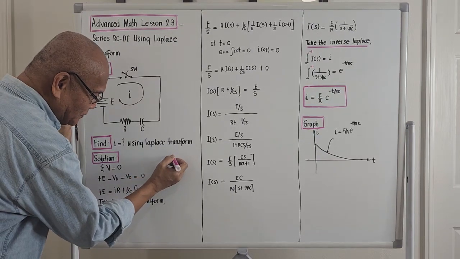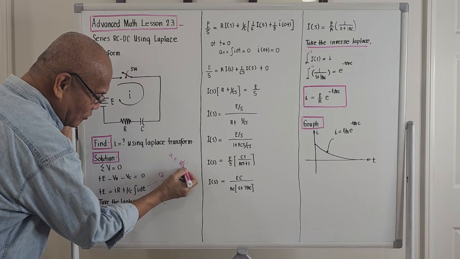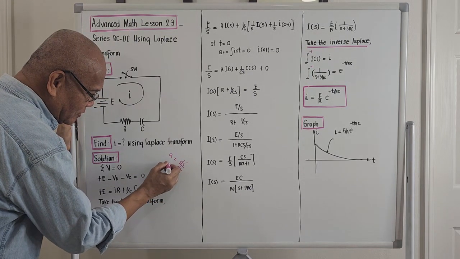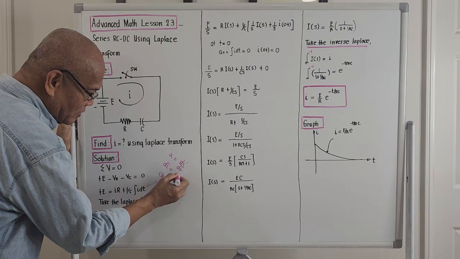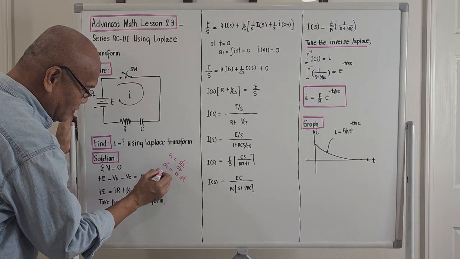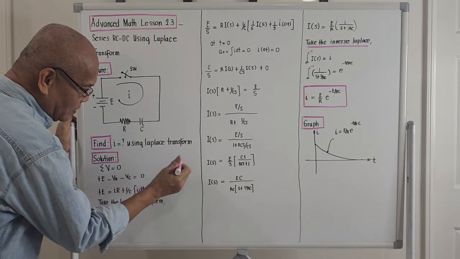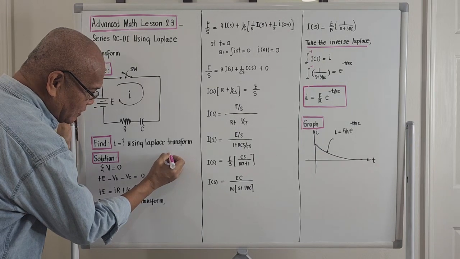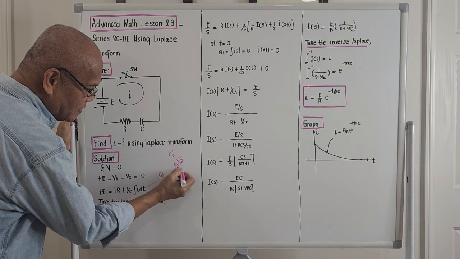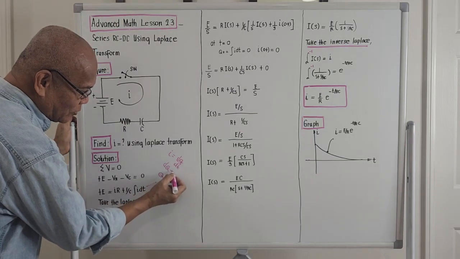Current is actually dq over dt. So for dq, I will put capital Q equal to i dt.